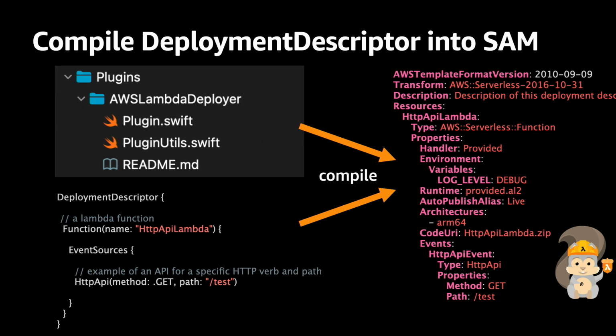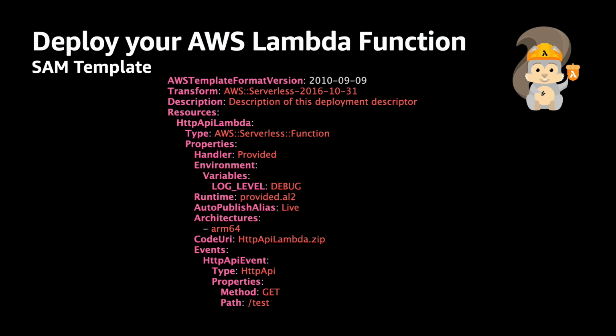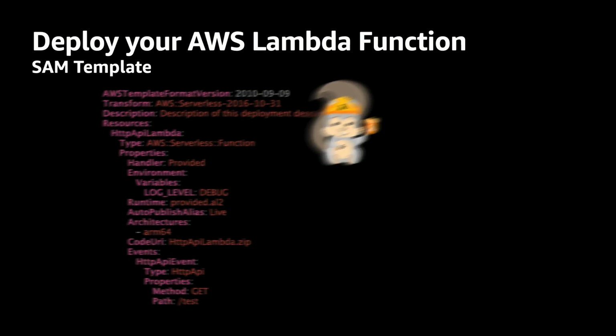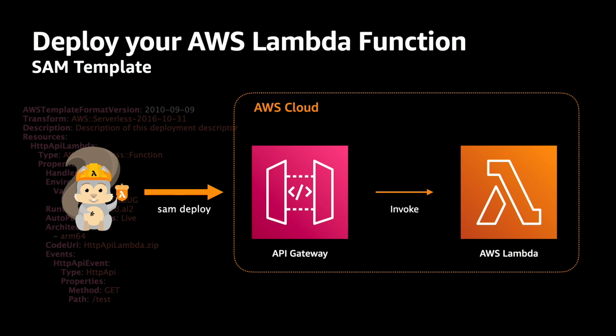It will keep your changes in the SAM deployment descriptor. The SAM deployment descriptor is exactly the same as the one I showed you before. And in the second phase of execution, after it generates the YAML deployment descriptor, the plugin will call the SAM command line to actually deploy that and create the infrastructure for you, so the API Gateway and Lambda.